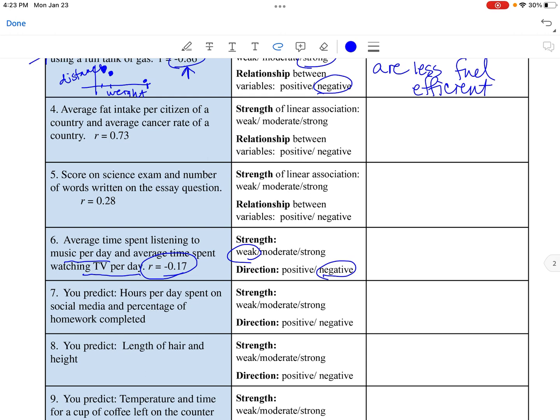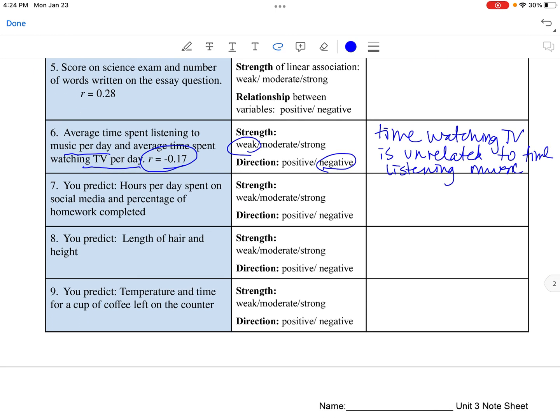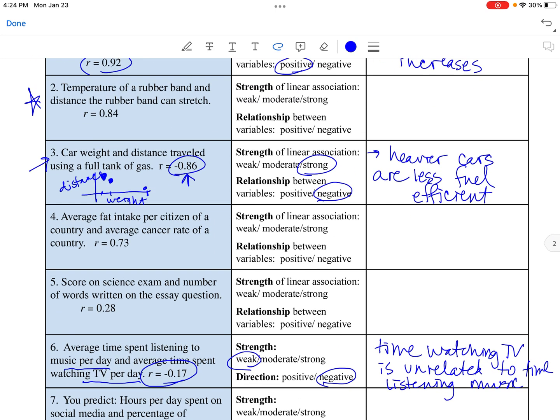People who listen to a lot of music don't necessarily watch a lot of TV, or they don't watch less TV. So you might say something like time watching TV is unrelated to time listening to music, which is not correlated. Okay, you will do the rest on your own, and you'll get credit for them.